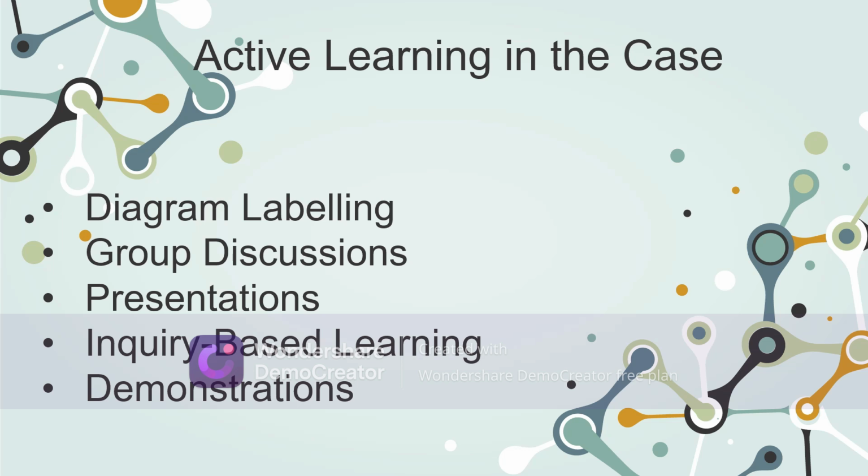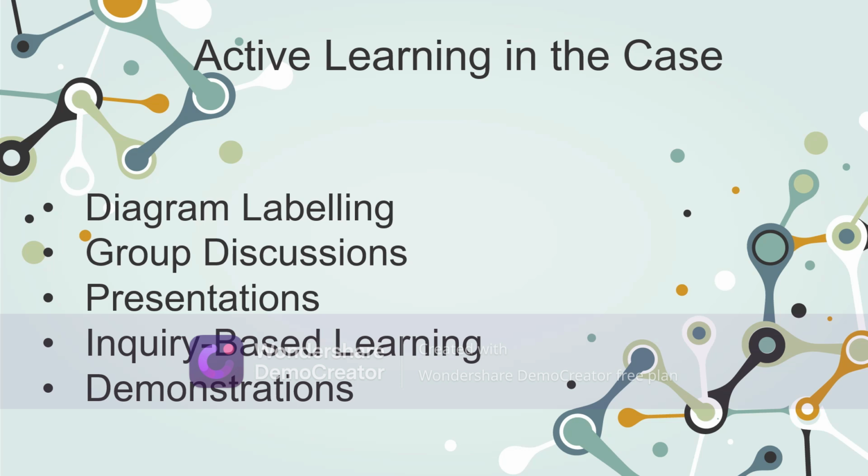One of the strongest learner-centered principles demonstrated in the classroom is active learning. Active learning occurs when students participate directly in the learning process rather than simply listening to information.